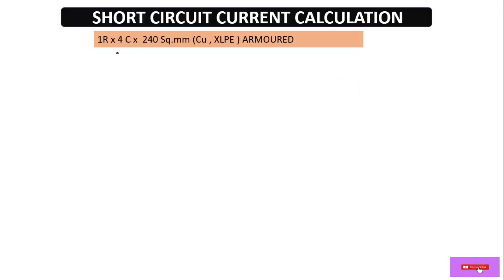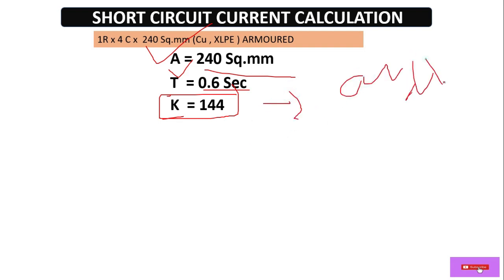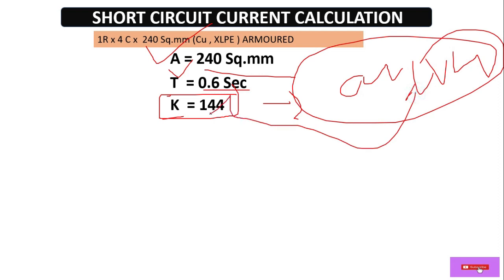So here the area is 240 square mm, then T is 0.6 second, which we have considered, then K is 144 because as per the chart, for copper cable and XLPE insulation this is the K factor value.